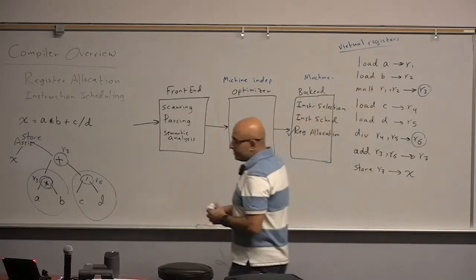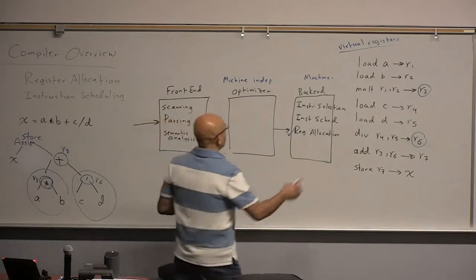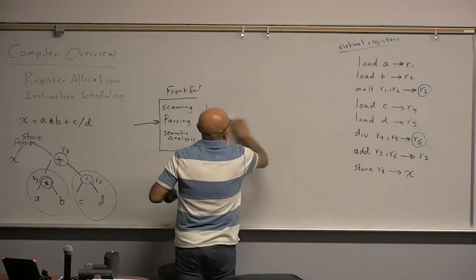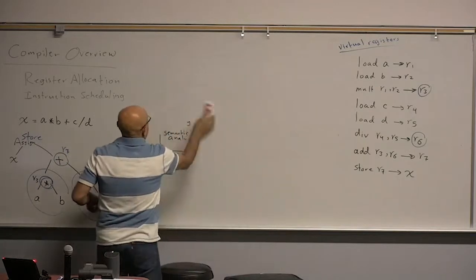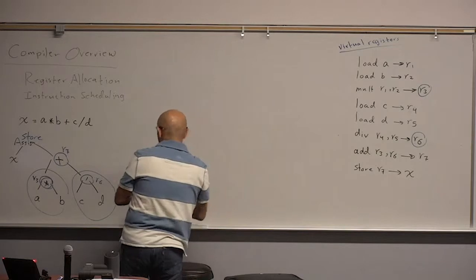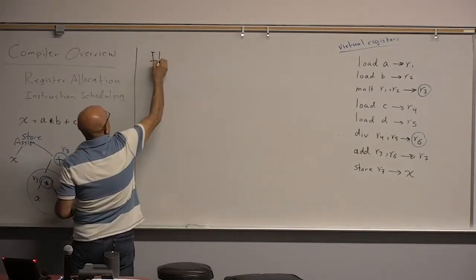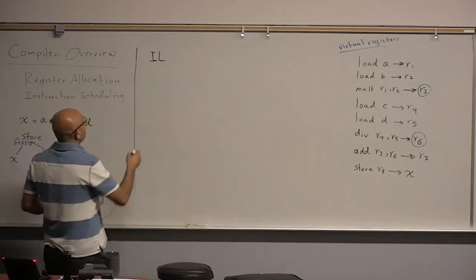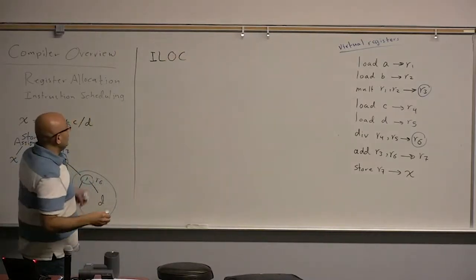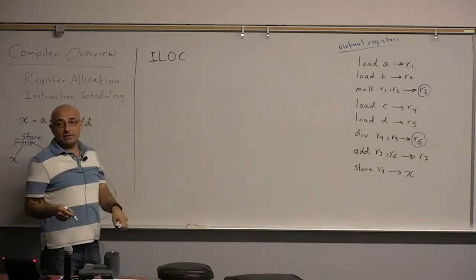And in fact, let's introduce the notation in the book. The textbook uses an intermediate representation called ILOC, which stands for Intermediate Language for an Optimizing Compiler.